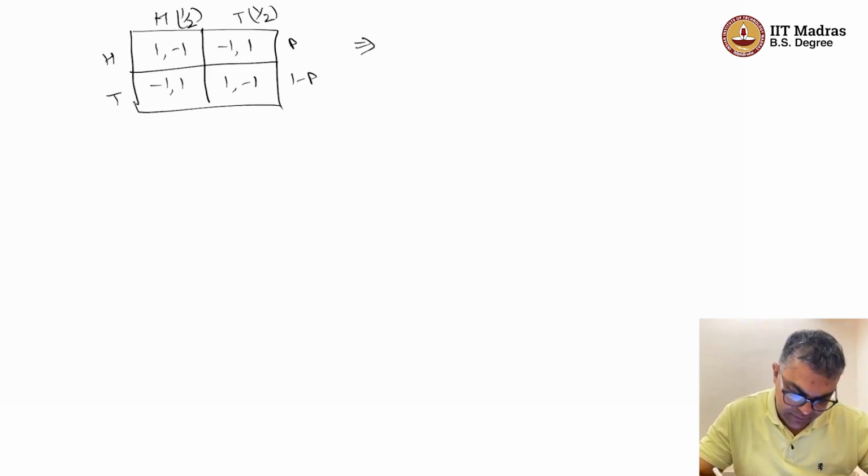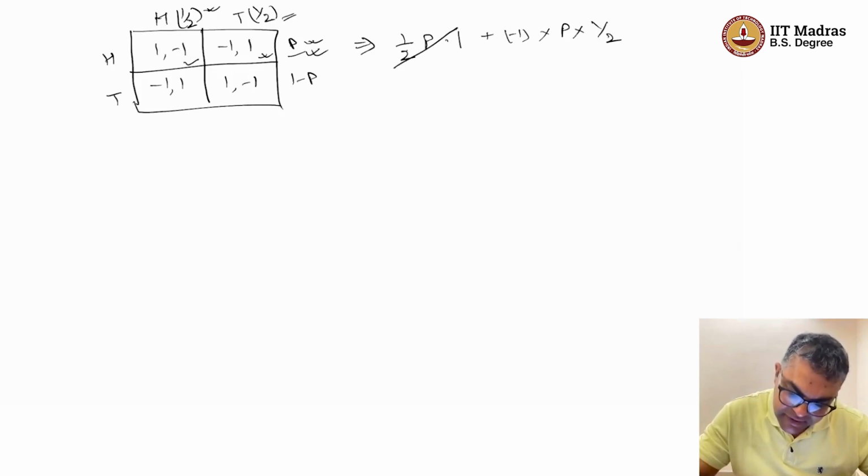So the payoff to player 1, if player 1 is mixing h and t with probability p and 1 minus p: this box happens with probability p divided by 2, because half is coming from here and p from here, and the gain is 1. This box, with minus 1, happens with probability p and half. So this term gets cancelled by this term, but we will have two more terms.